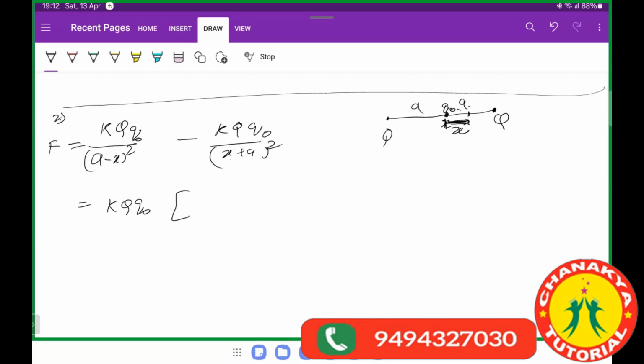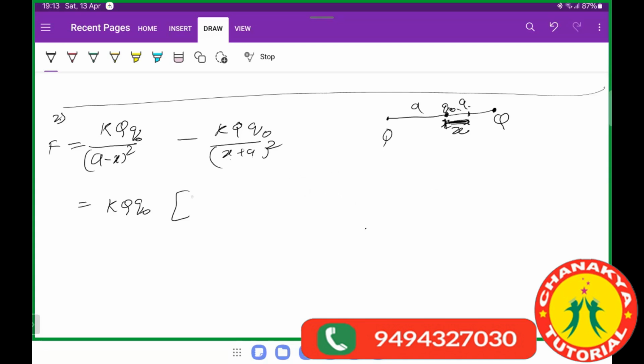If I multiply and divide by 4ax, this will be x square plus a square plus 2ax. So this will get cancelled. We're left with 2ax. So this will become the same. Yes, fine.